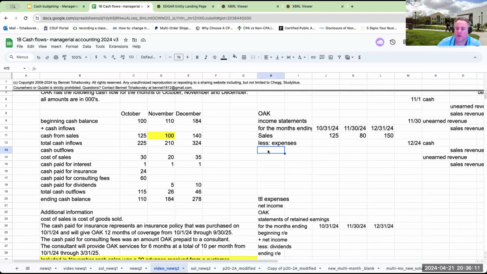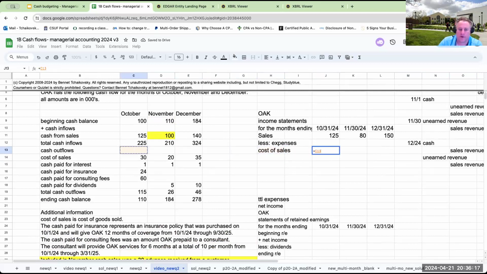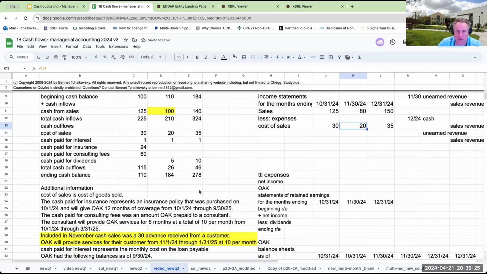So my sales less my expenses. So my cost of sales for the month of October is 30. For the month of November is 20. Month of December is 35. Now over here, there's nothing that says that this represents, like, cash paid for insurance, right?